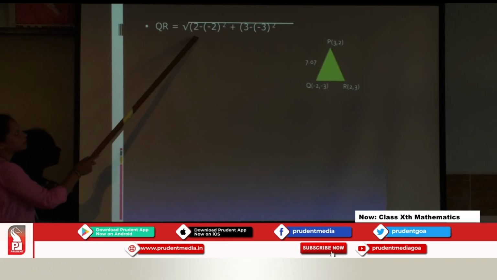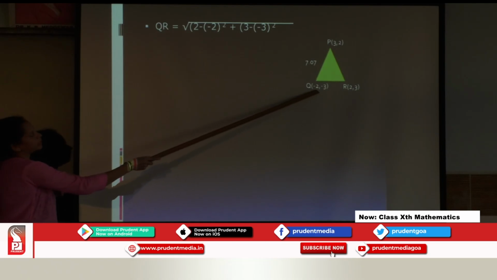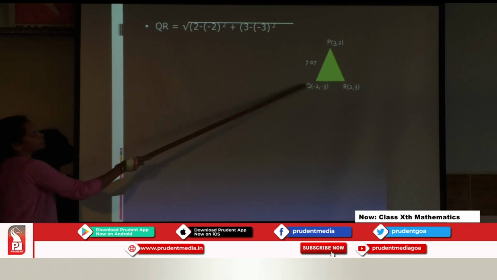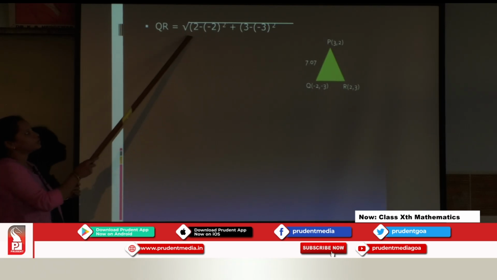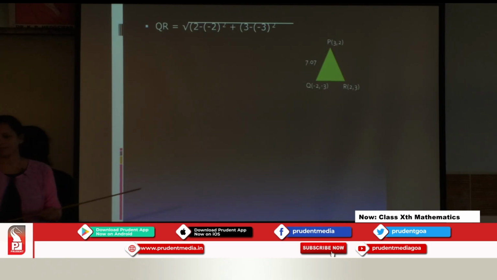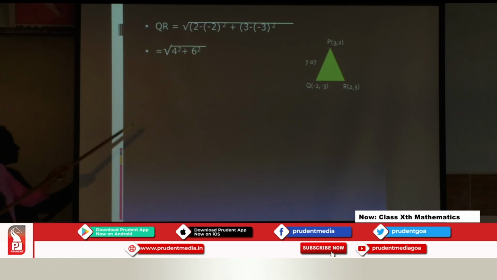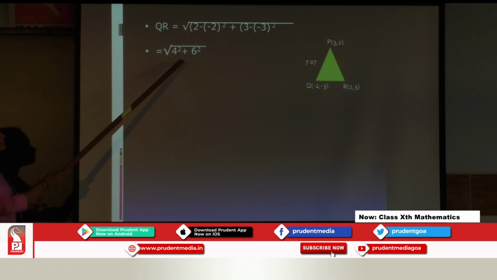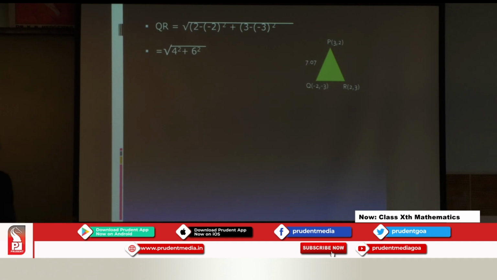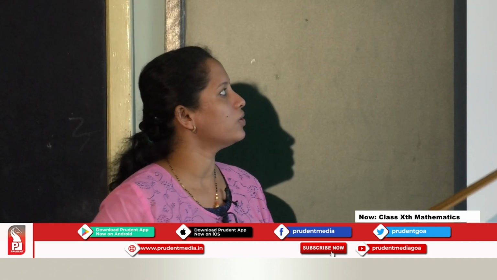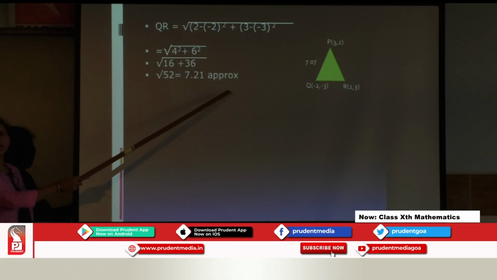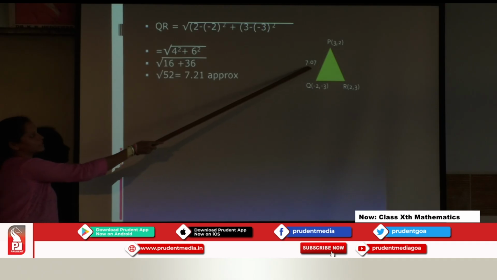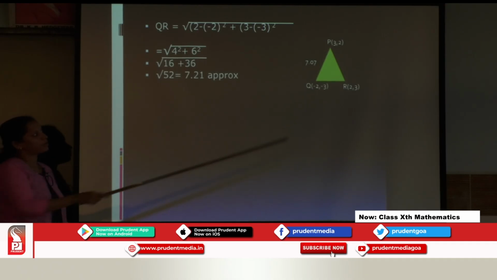So here x2 minus x1 is 2 minus (-2), that is 4 squared, and y2 minus y1 is 3 minus 3 that is 0 squared. So 4 squared plus 0 squared is equal to 16, root of 16, which is 4. So now we have PQ and QR.